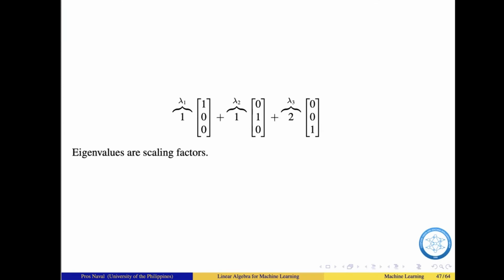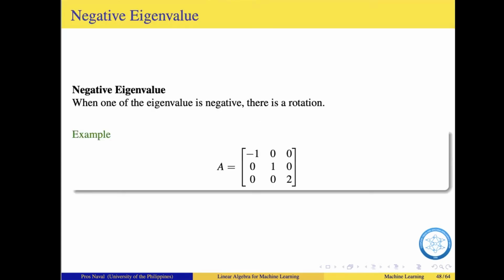So we have learned that eigenvalues are scaling factors. The eigenvalues scale the vectors. Now, what happens if an eigenvalue is negative?